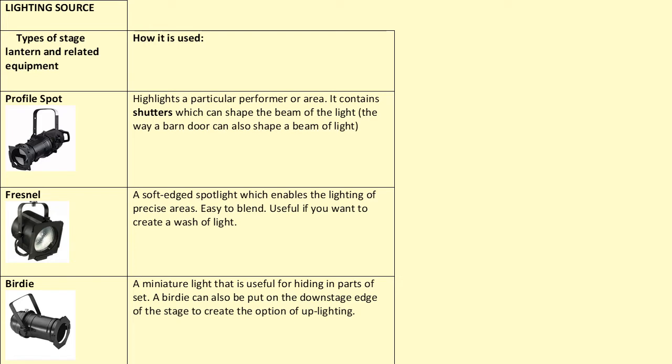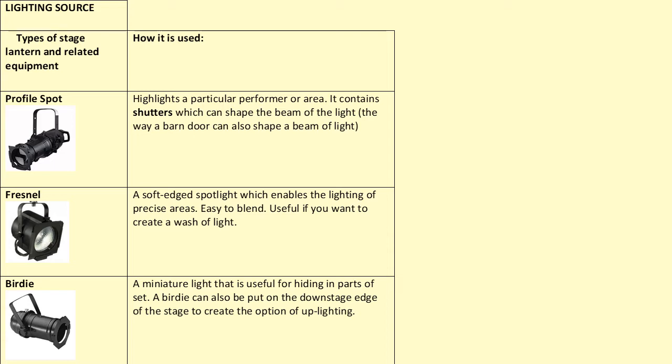So firstly, the profile spot, often referred to as a spotlight. It has shutters on it, and what they do is work inside the lantern. They literally cut across the beam to shape the light. So rather than just being limited to a spot of light, you can give it lines.